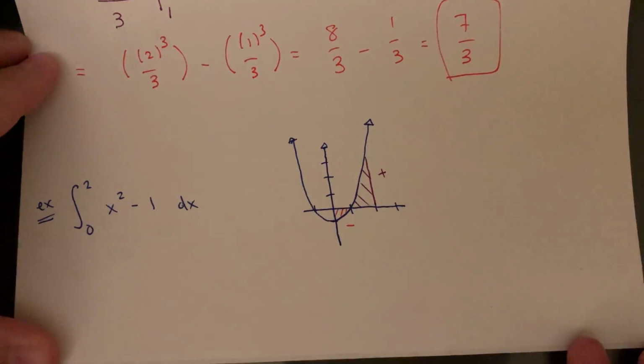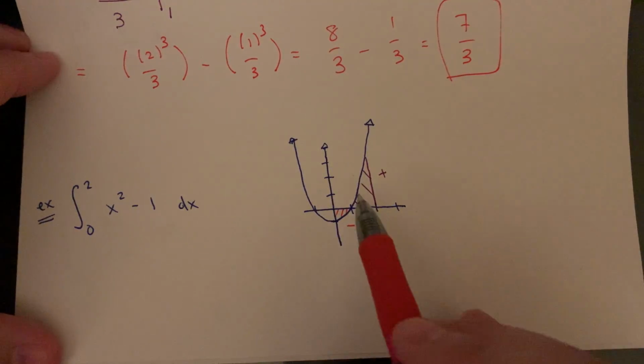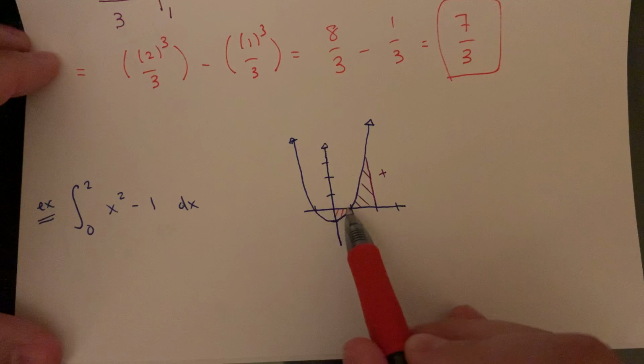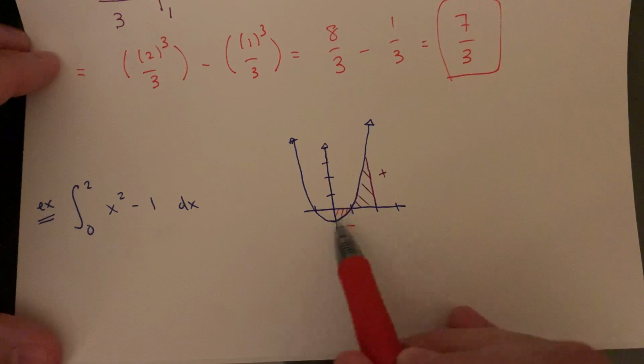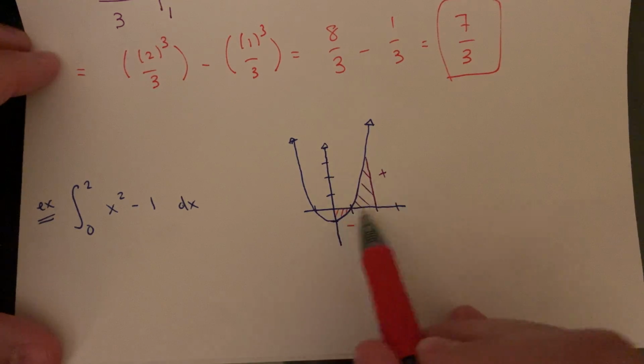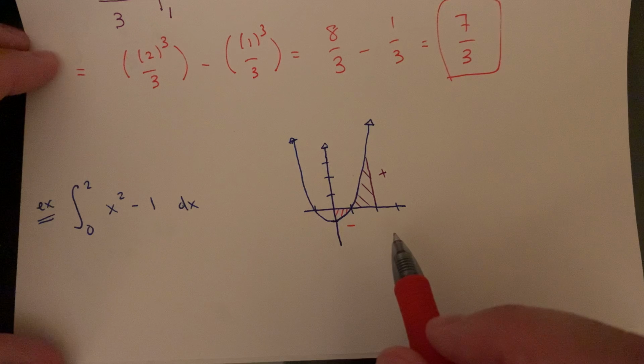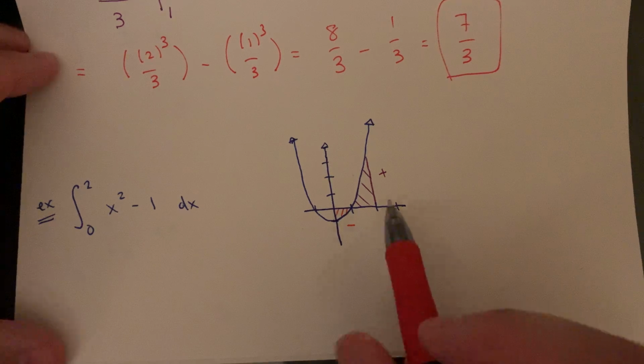What happens here conceptually is any region that's under the axis counts as negative area. So this small triangle-ish kind of thing, but with a curve, I guess they both are triangle-ish.